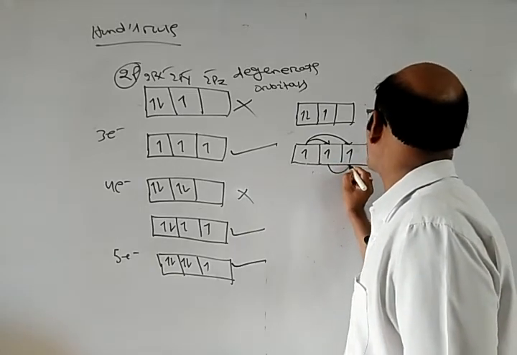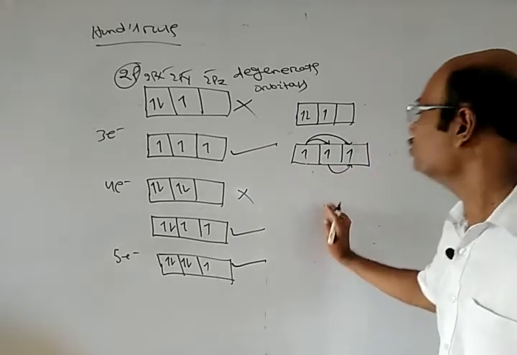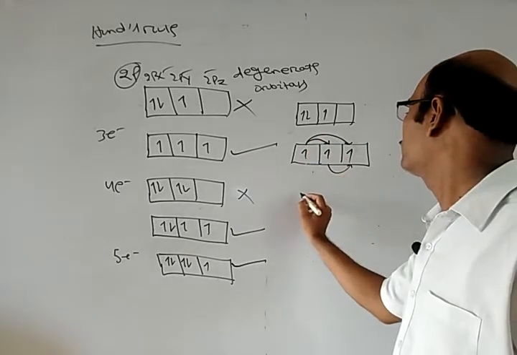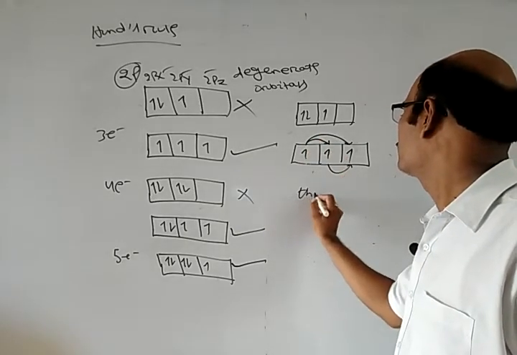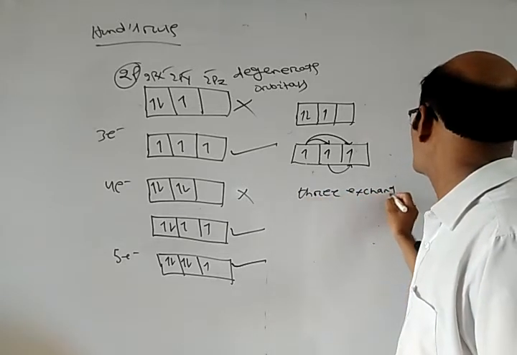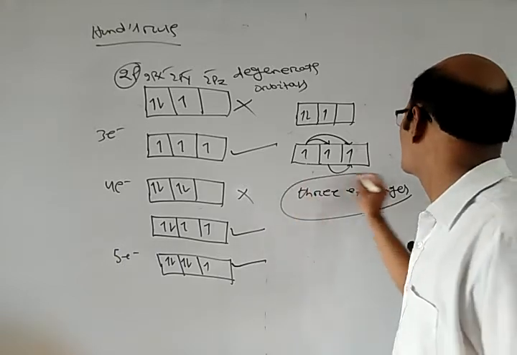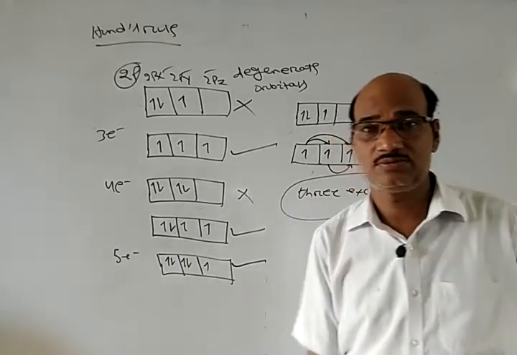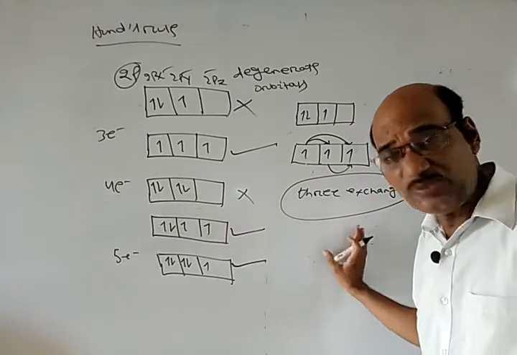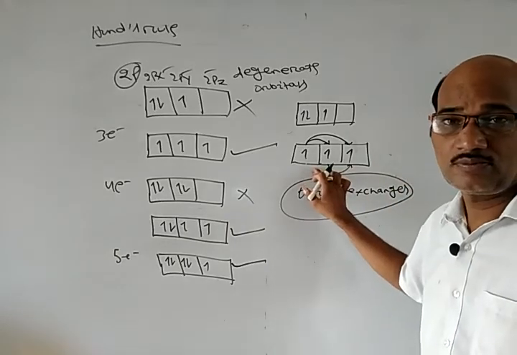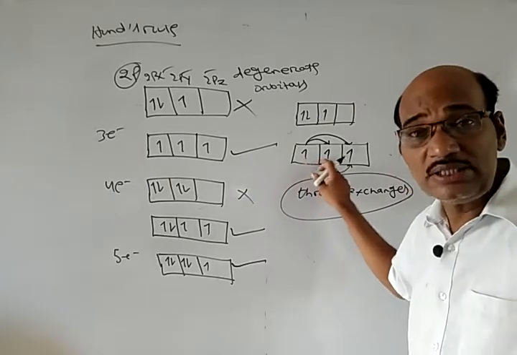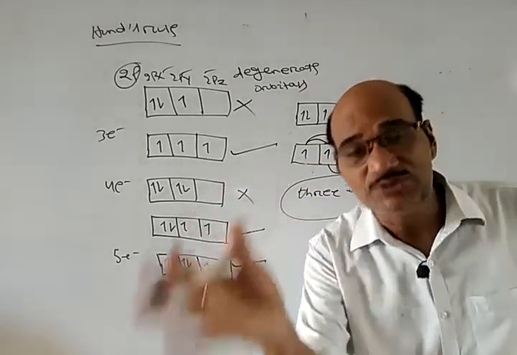And here also, you know, 1, 2, 3. Three exchanges can be possible in this case. And when the electrons exchange their positions, they are losing energy.